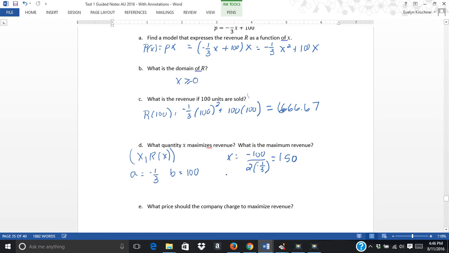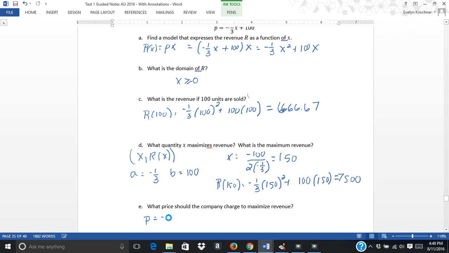And then if I want to know what my revenue is, it's going to be R of 150, which is negative 1/3 times 150 squared plus 100 times 150, which equals 7,500.